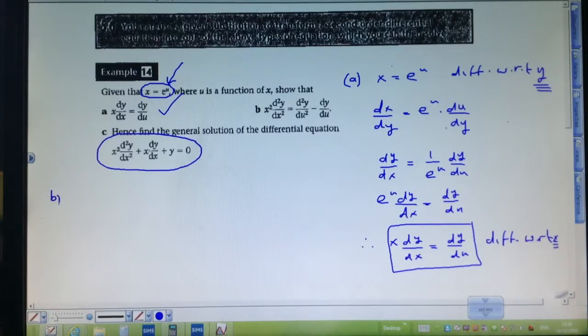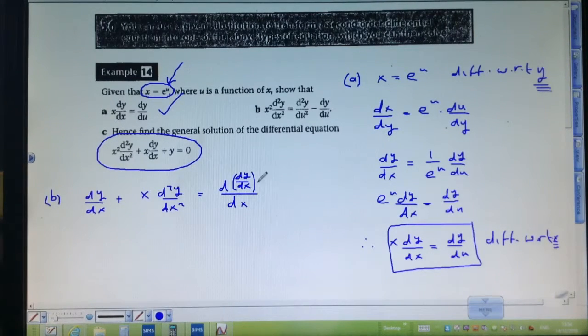We've got part B. It is a product, so you're going to differentiate the first to give you 1, leave the second, dy by dx, plus leave the first, x, differentiate the second with respect to x, you get d2y by dx squared, and that is equal to, now what we're trying to do here is differentiate dy by du with respect to x.